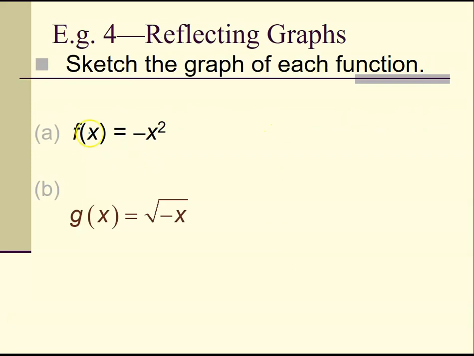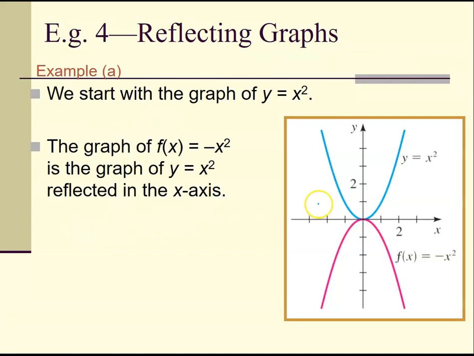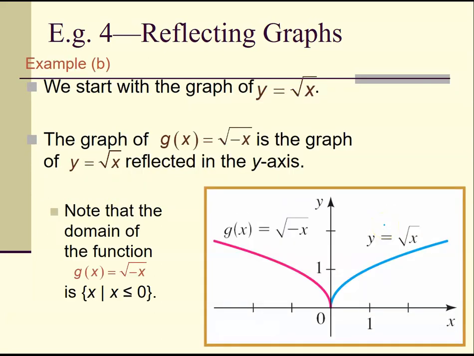So let's say we have y is equal to negative x squared and y is equal to negative square root of x. So x squared, the blue one, and then negative x squared is the reflection of x squared, right? So therefore that is how you will determine the next one.